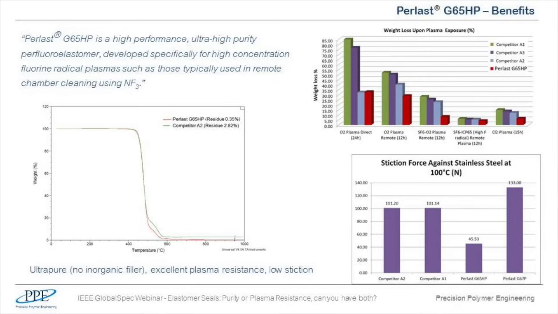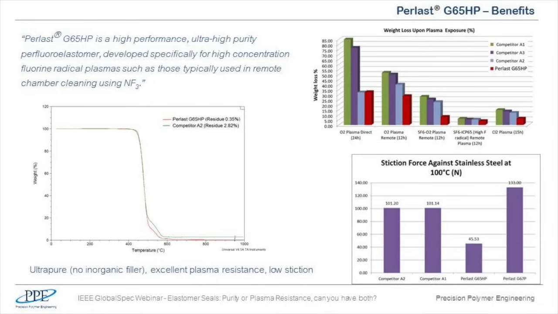So what we have done, we tested the sticking force of these three competitor materials and Perlast G65HP against stainless steel. We squeezed the O-rings between stainless steel discs and put them in the oven at 200 degrees Celsius for 6 hours and cooled down to room temperature.